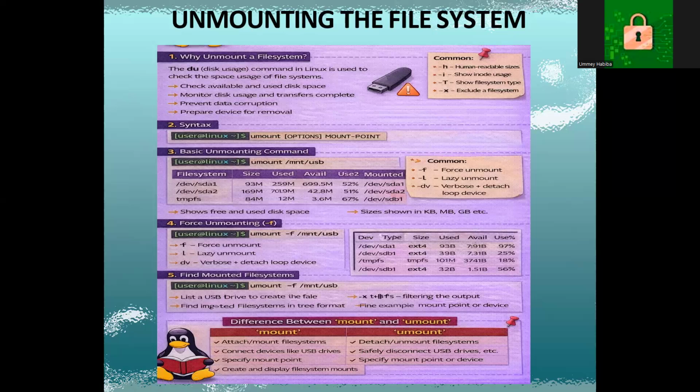Like if you want to mount some disk storage, you first use a specific point, that is known as the mount point. Unmount also uses a mount point or device. Mount is used to create and display file system mounts.